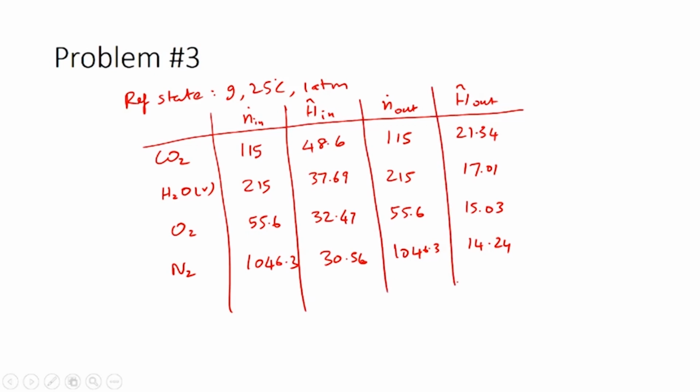Now that we have the enthalpy table completed, we can perform the energy balance calculations for this open system. Q dot is equal to delta H dot, because there are no moving parts in a waste heat boiler, so shaft work goes to 0, and kinetic and potential energy changes are also 0.